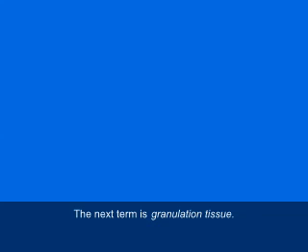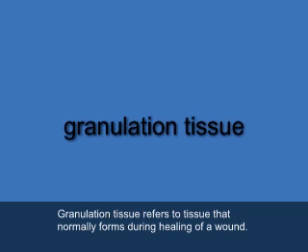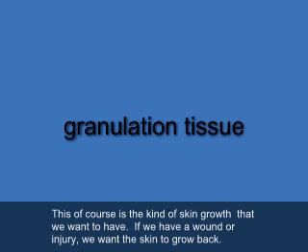The next term is granulation tissue. Granulation tissue refers to tissue that normally forms during healing of a wound. This, of course, is a kind of skin growth that we want to have. If we have a wound or an injury, we want the skin to grow back.